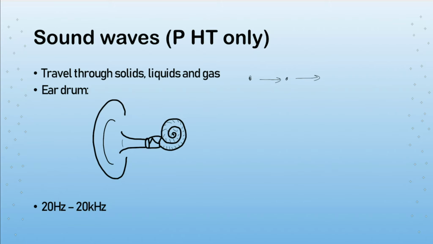But our ears are capable of hearing a range of 20 Hertz to 20,000 Hertz, so we are quite diverse in the range of sounds that we can hear, but obviously they're very different to different animals. So dogs are very different to what whales can hear, to what bats can hear, completely different set of ranges. But you do need to know those numbers: 20 Hertz to 20,000 Hertz, 20 Hertz to 20 kilohertz.